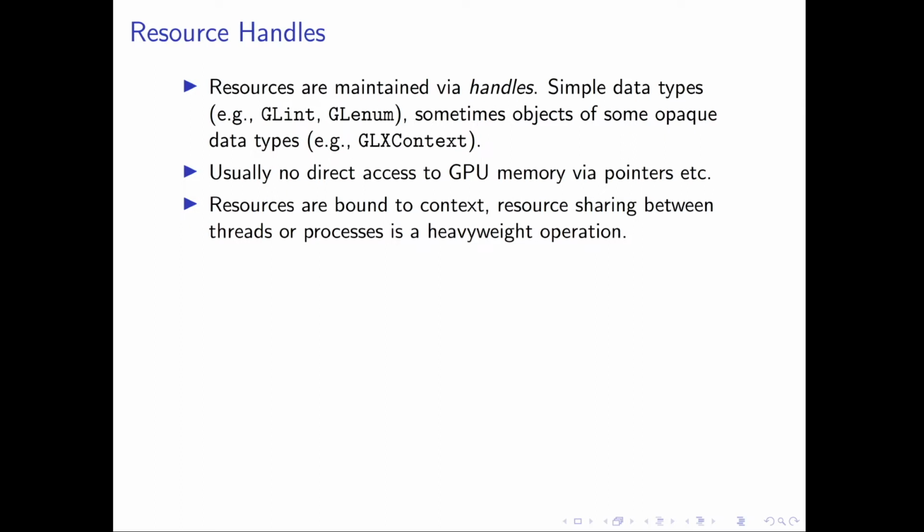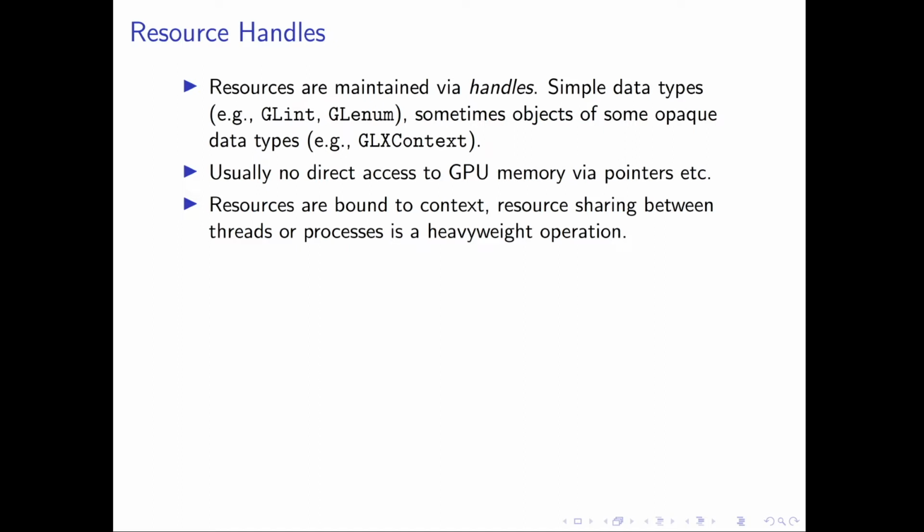And when we were talking about contexts, those contexts can mostly be thought of as storing resource handles. They are huge storage objects that we communicate with via resource handles. This is also one of the reasons why resource sharing between threads is so heavyweight, because we usually have a limited number of resources available per graphics application or per graphics thread.